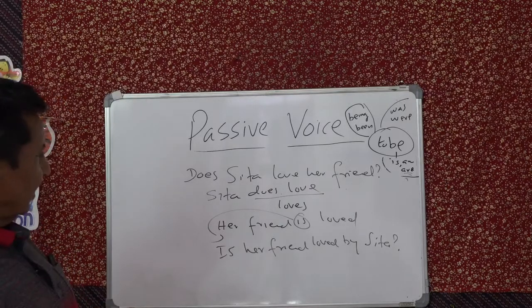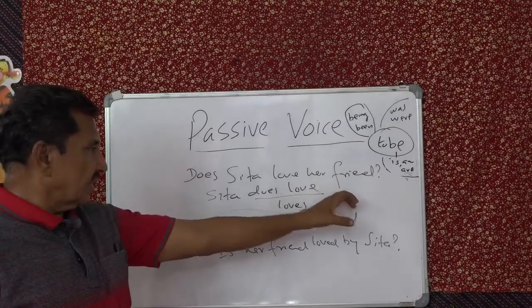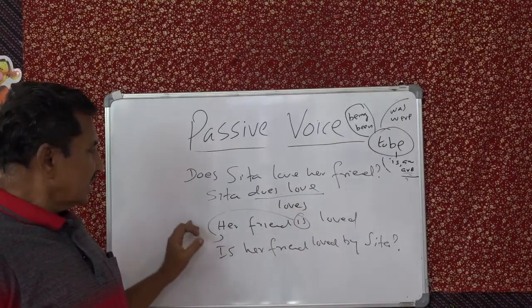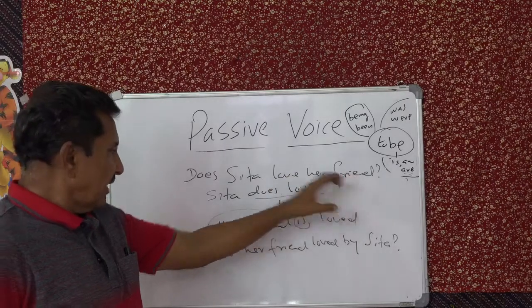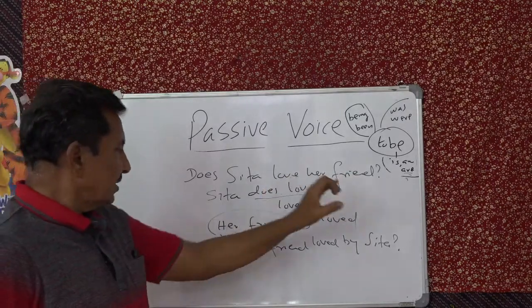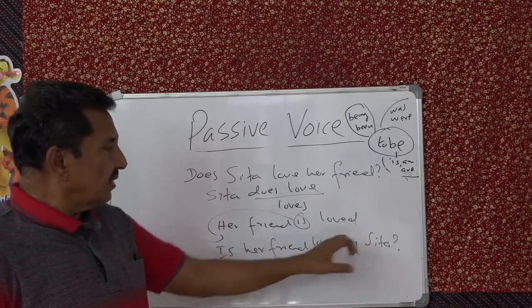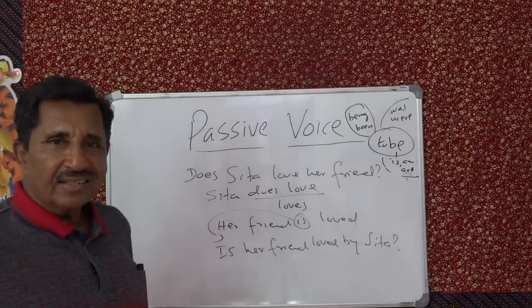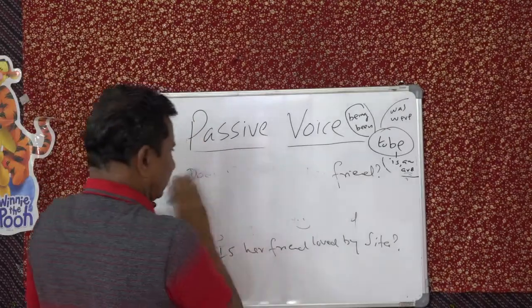Sita does love her friend. Sita loves her friend. Her friend is loved by Sita. Is her friend loved by Sita? Simple. Yes. Now let's see another one.